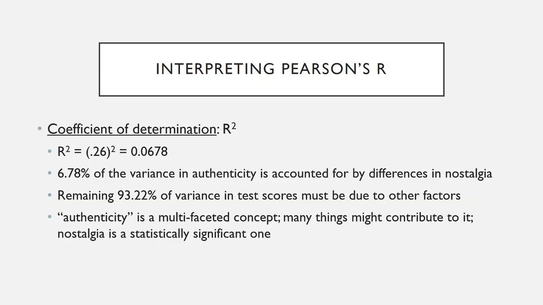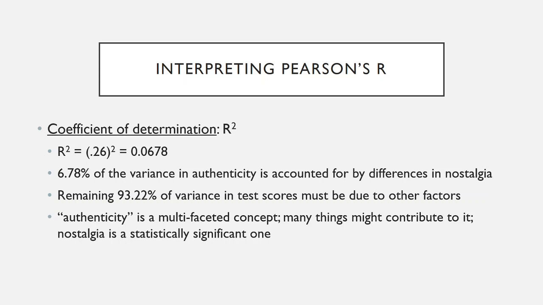This is okay. One, it was still significant, so that means it's at least somewhat of a meaningful component of authenticity. But also, again, it's important to keep in mind what the variables are you're studying. Authenticity, the extent to which you feel like you're a genuine person, is obviously a complex and multifaceted construct. And the extent to which you feel authentic is likely going to be comprised of many different aspects of your personality and things going on in your life.